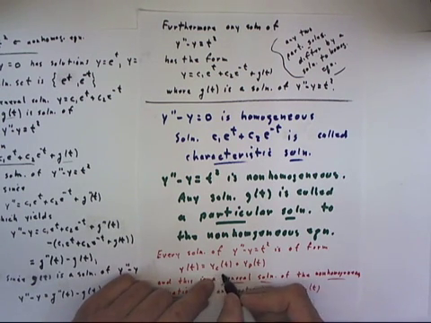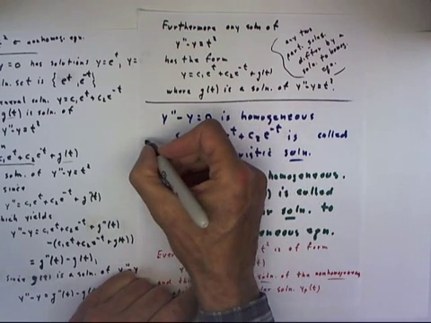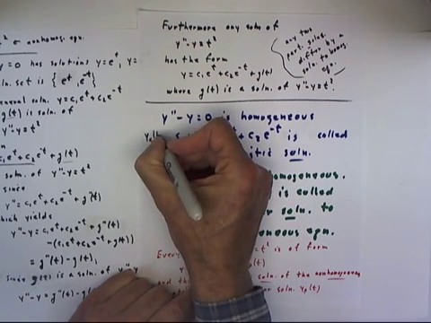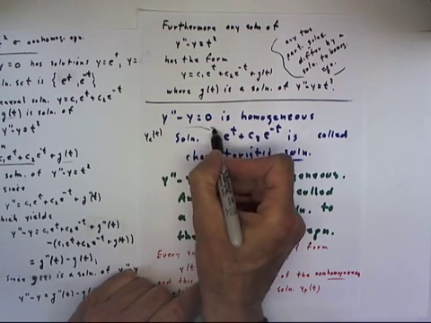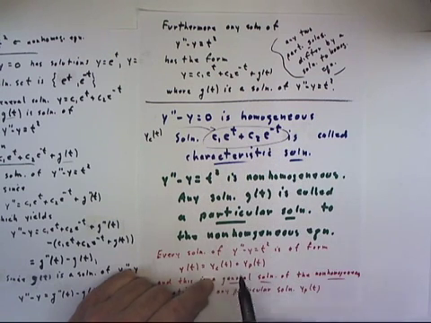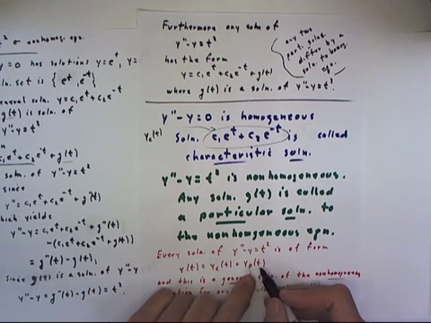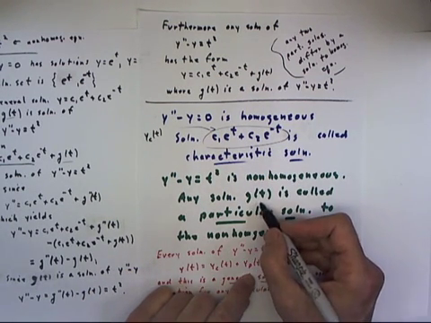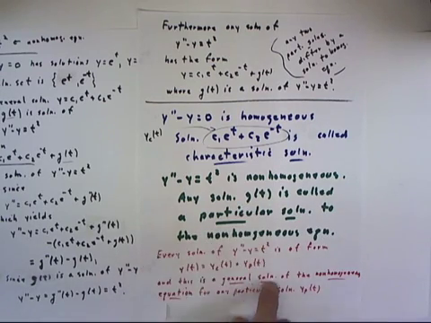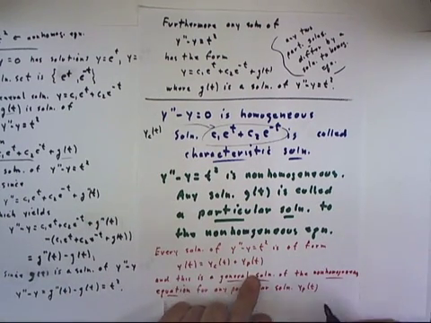So our yc of t is just this, and our yp of t is our solution that we call g of t for right now.